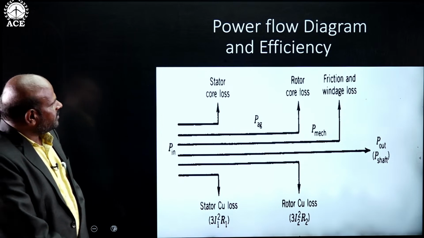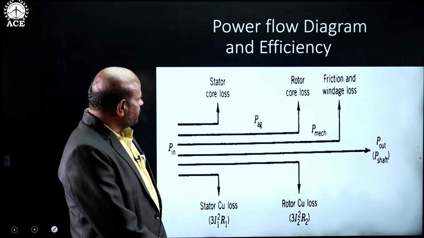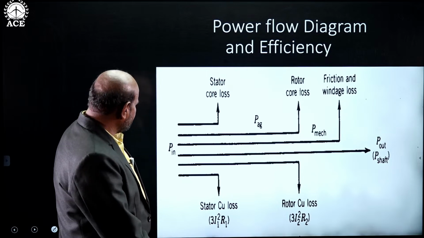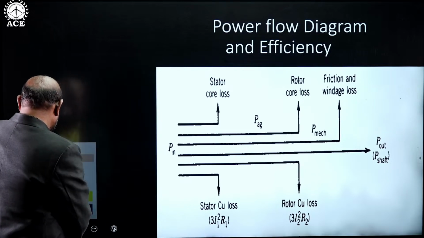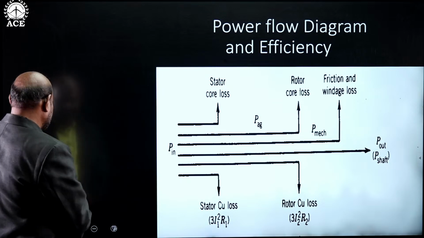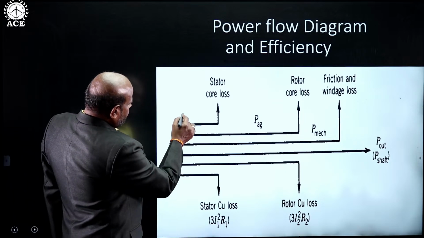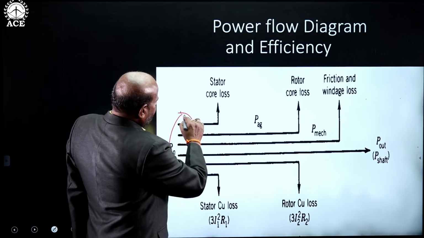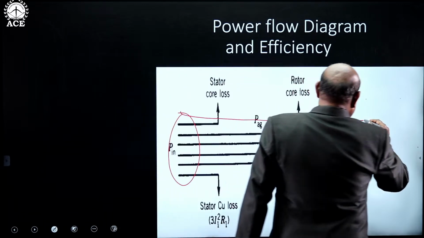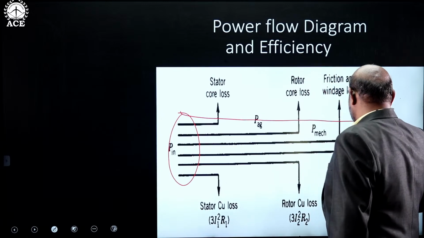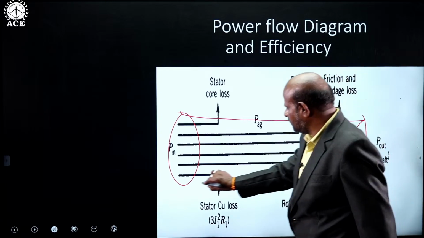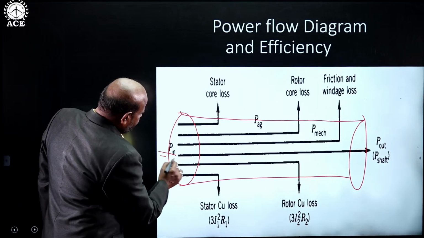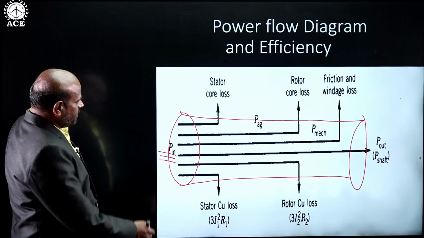Next, power flow diagram and efficiency. Power flow: what are the various powers occurring in the three-phase induction motor, and what are the various losses. We are giving three-phase AC supply to the stator, right? And we are going to get output, and this is the input three-phase AC supply. So what is the input power?